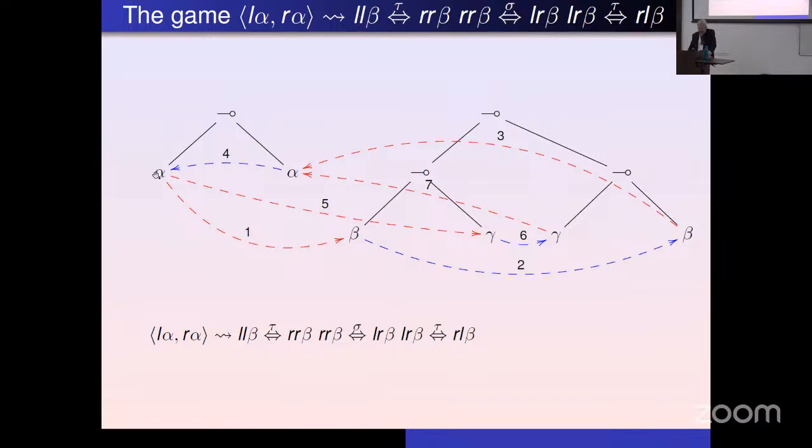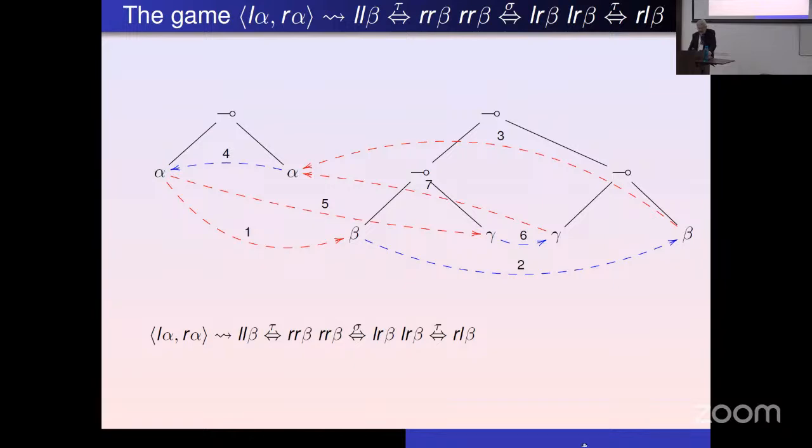So what I do, I say, well, of course I can replace alpha with L beta here, and then I can make a move in the game tau, and I come here. But then this is essentially an instance of this. So I can move now again in the game sigma.